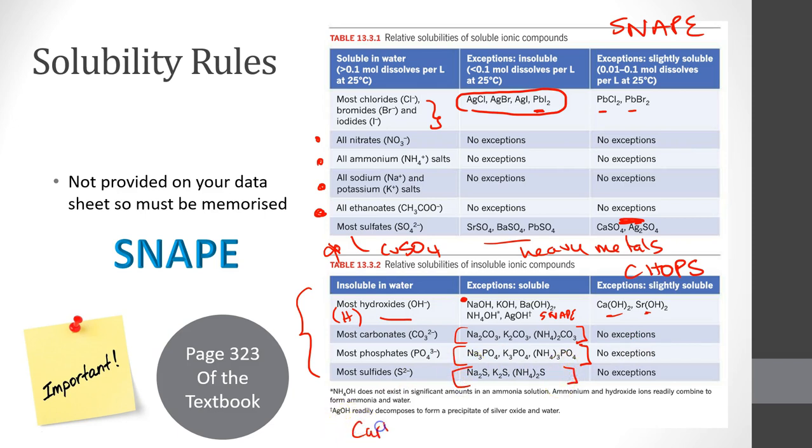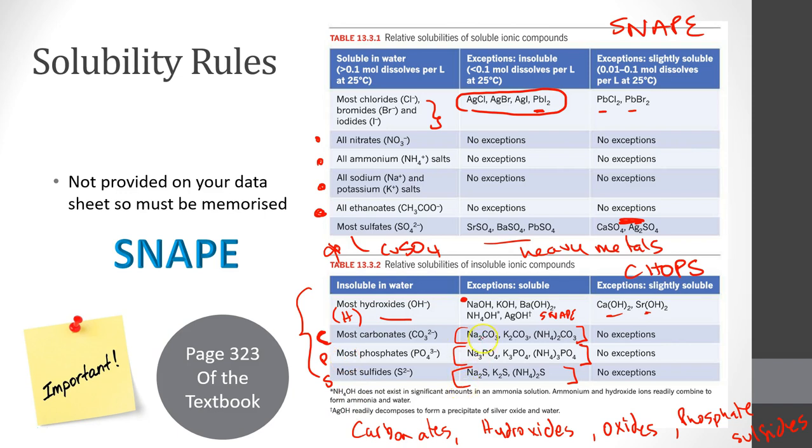So carbonates, hydroxides, then there's oxides, which aren't on this table, phosphate, and sulfides. These are your insolubles. Okay, so H, this is your C, P, and S. Okay, and then oxides for CHOPS.